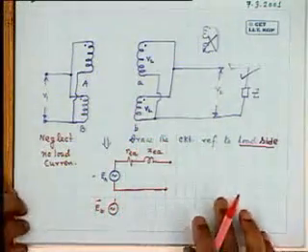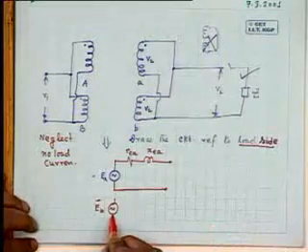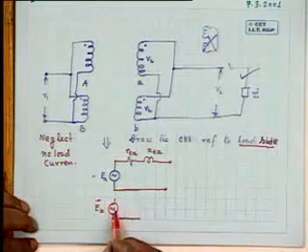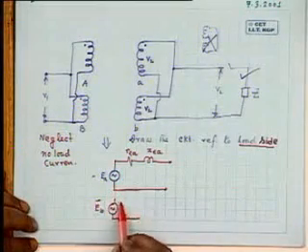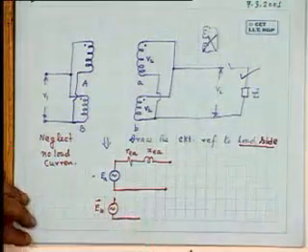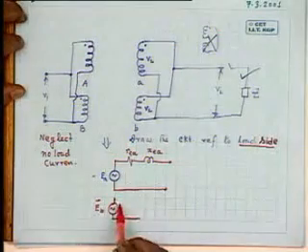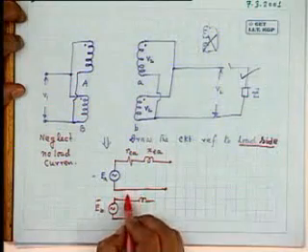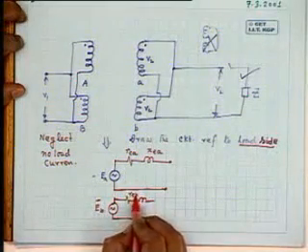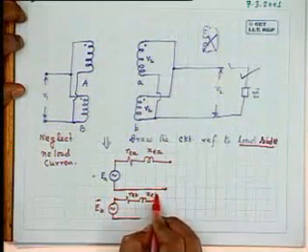But to make general conclusions, we have incorporated EA and EB. Suppose the turns ratio may be slightly different, EA, EB. And its series impedance referred to the secondary side will be REB and XEB.